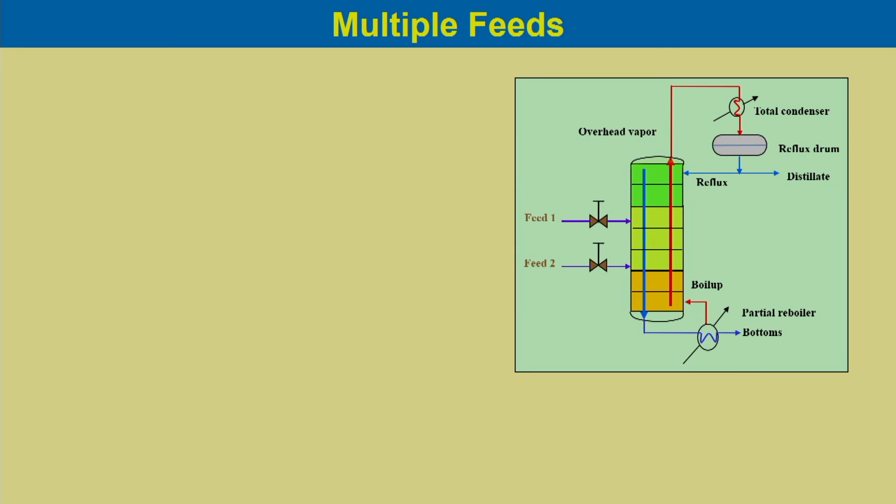You can see over here in the distillation operation we have feed 1 and feed 2. So, two different feeds are given to the distillation column and we have a single reflux at the top of the column, and then as per the design we have boil up at the bottom which has a reboiler.